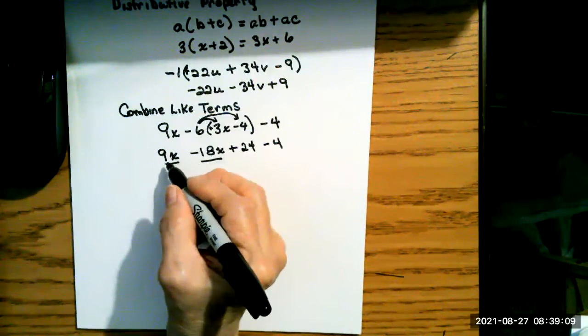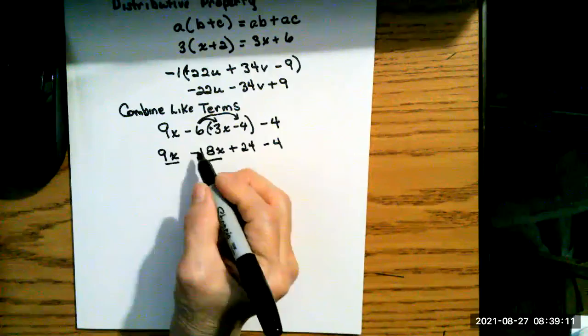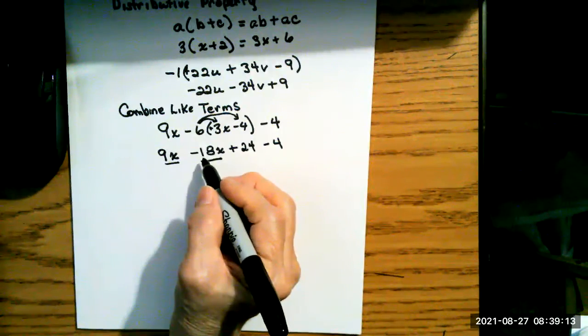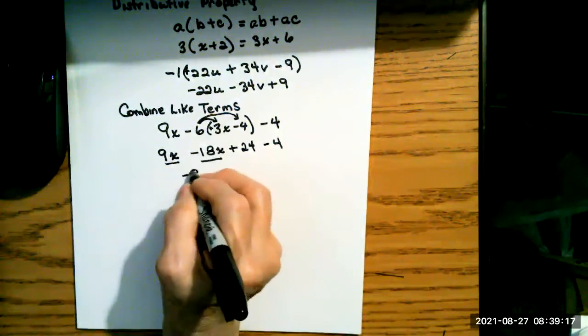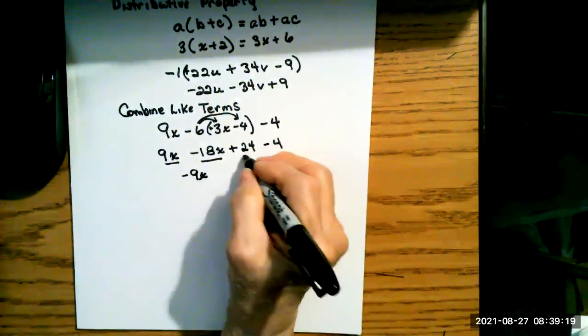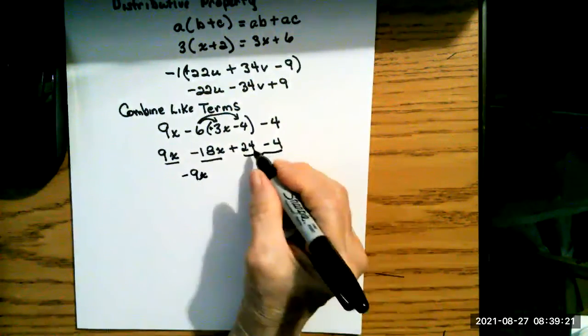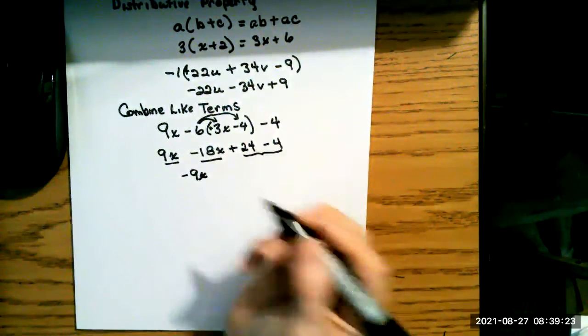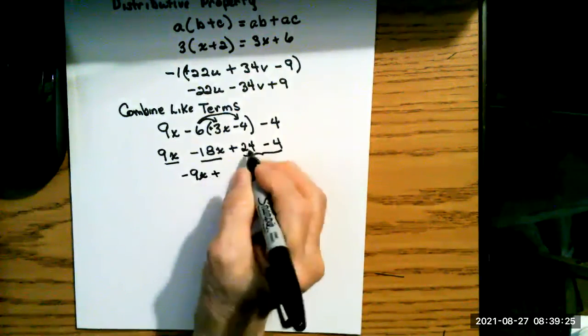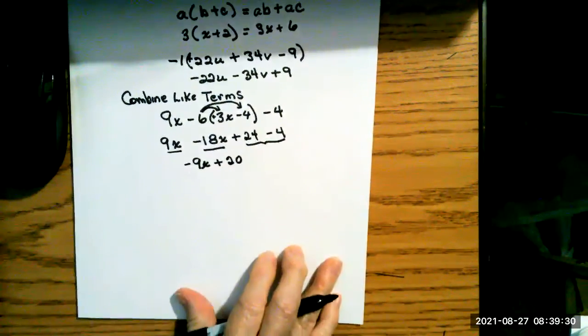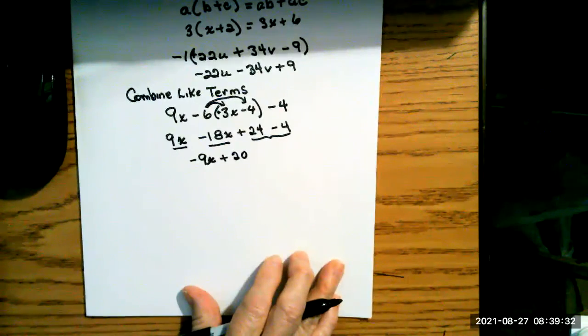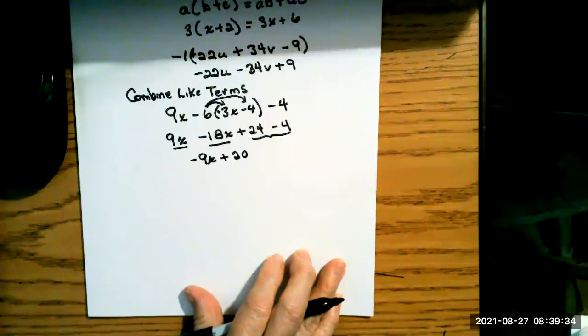It's kind of like having $9 in the bank and you write a check for $18. You're going to be $9 in the hole. So that gives me a negative 9x. And then these two are the same kind. 24 minus 4 would give us 20, and there's more positives than negatives, so I have plus 20. So my answer is negative 9x plus 20.